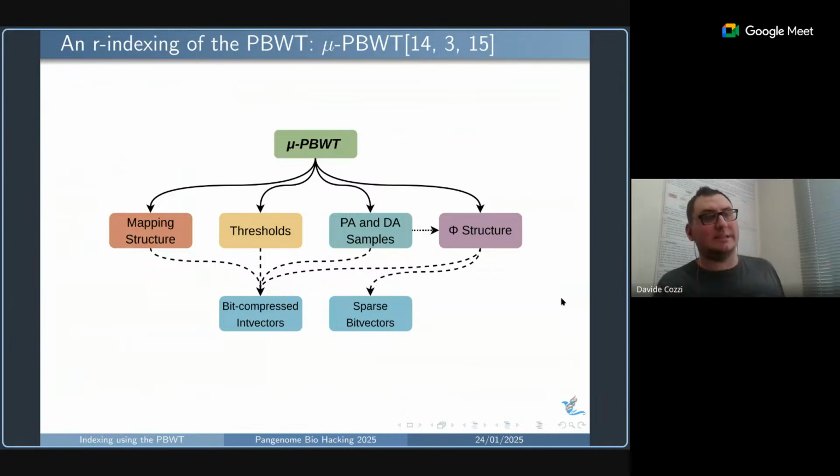I won't go into details because we don't have enough time, but just think that each of these components of the MoPWT is stored in a space proportional to the number of runs.